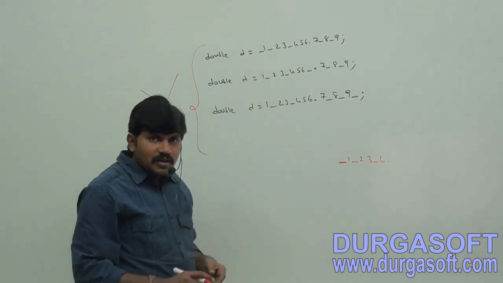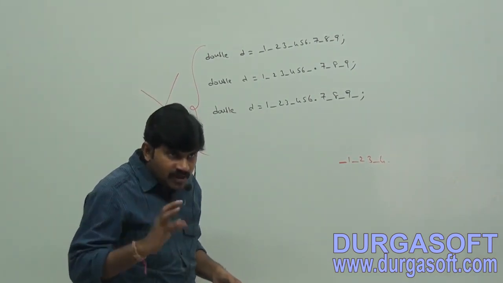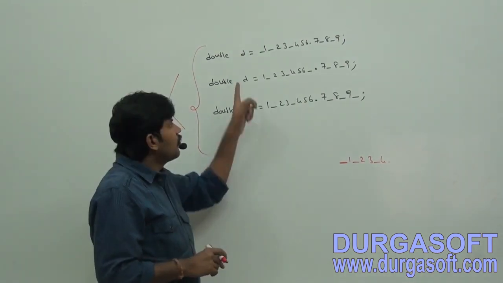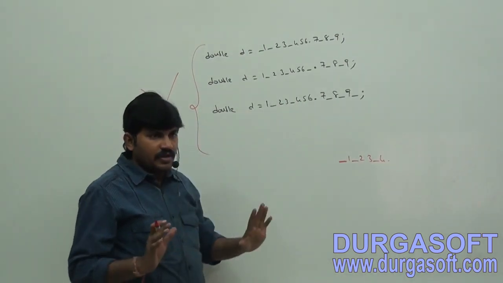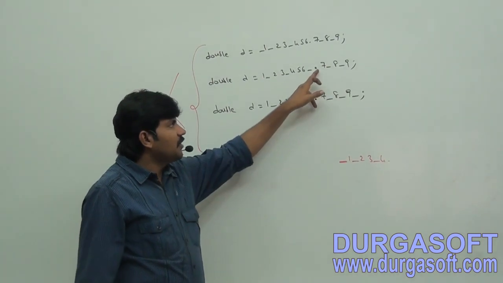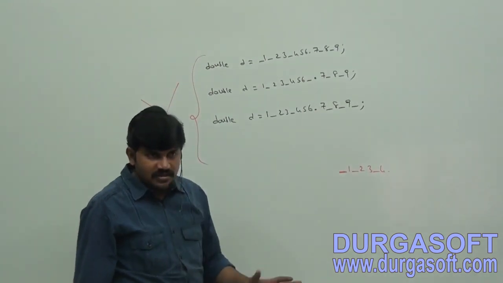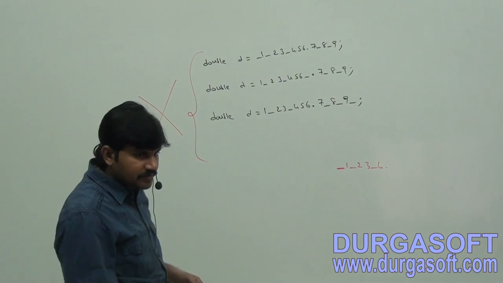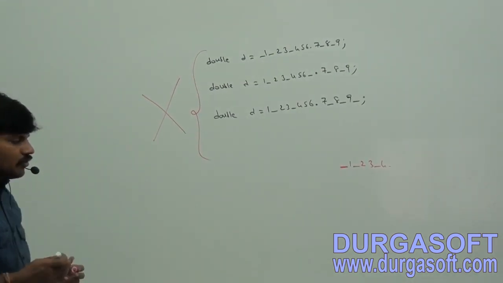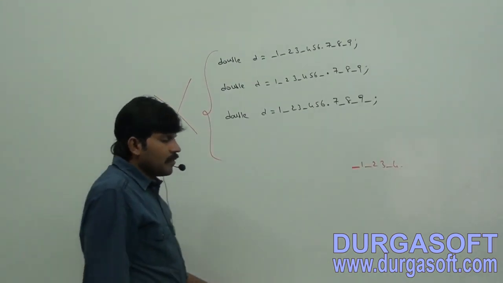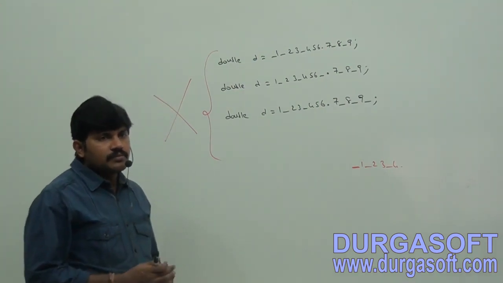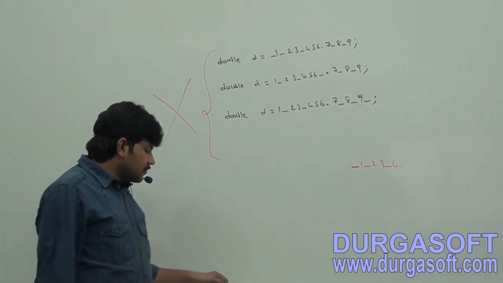That's why we can use the underscore symbol only between the digits. We can't use it anywhere else. At the beginning, at the end, or between the decimal point and a digit, it is nothing but a compile time error, right? We can use the underscore symbol only between the digits.